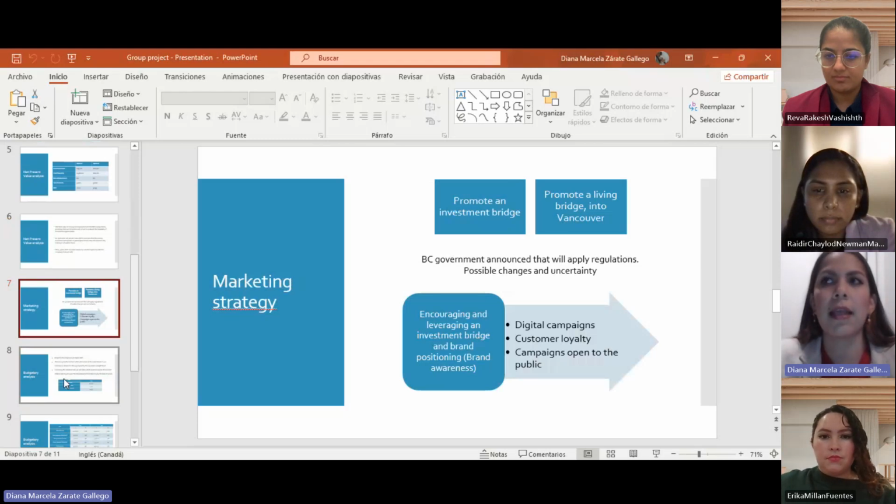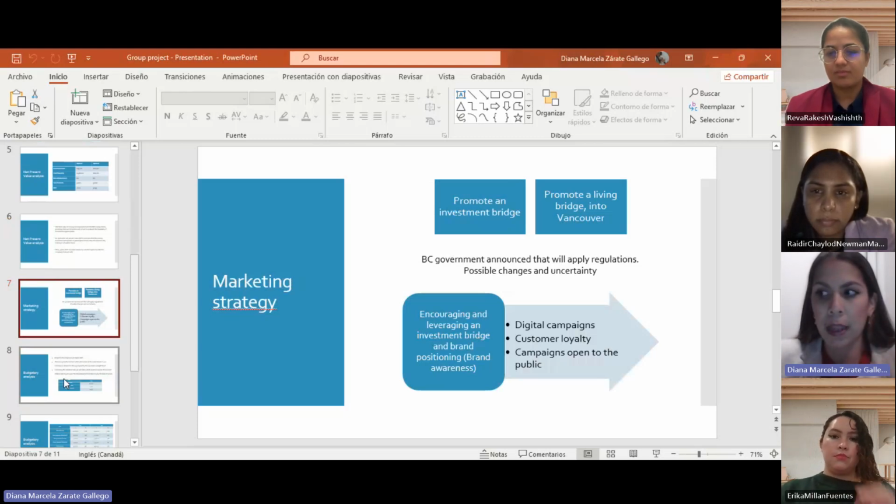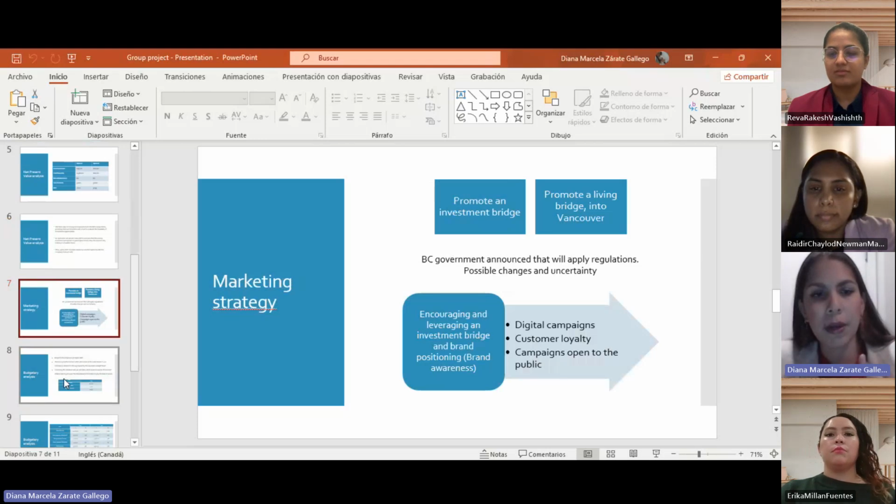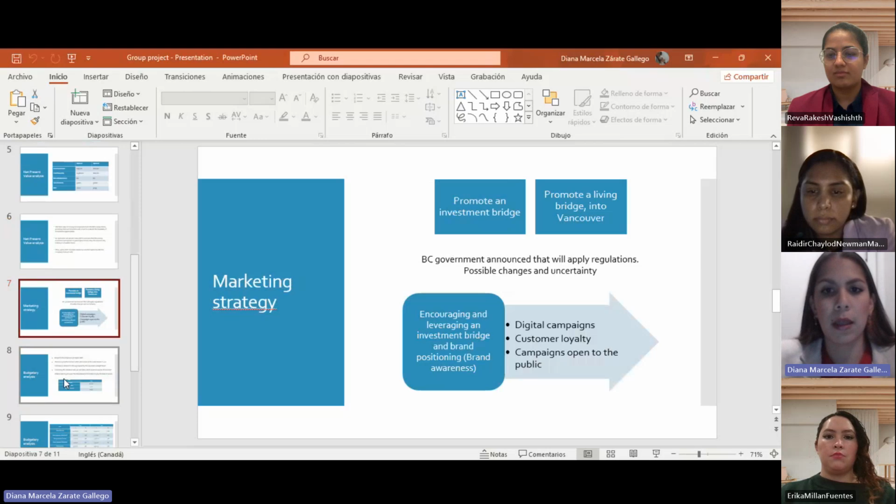So it's important that the marketing strategy give some activities or actions related to this possible regulation that is coming in the future.